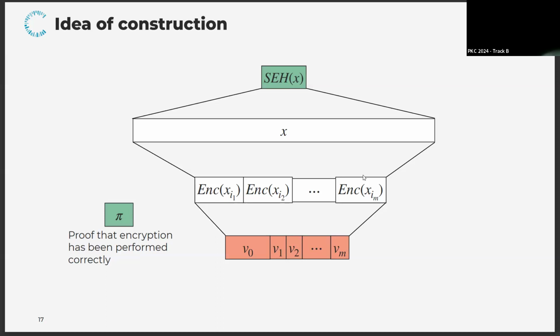So we are using a rate-1 encryption of the bits at the positions where we want to extract.